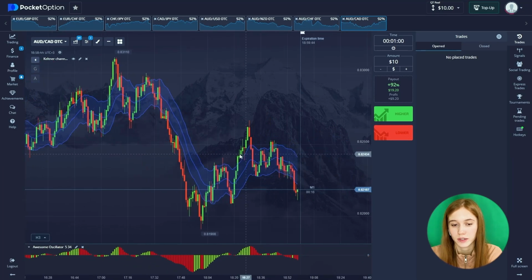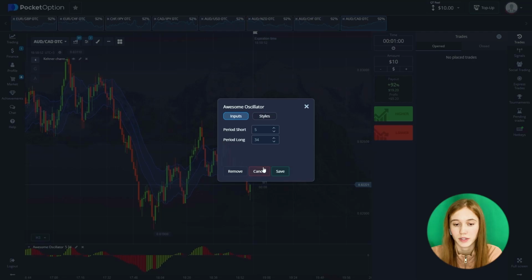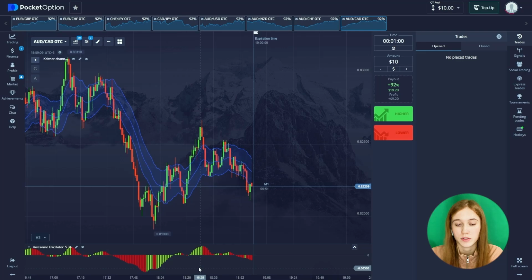Like here we see the oscillator, our second indicator. You can see its parameters also. I won't show it for long because it's boring for me, but I still need you to know. I explain quickly. This indicator measures the mood of our market.